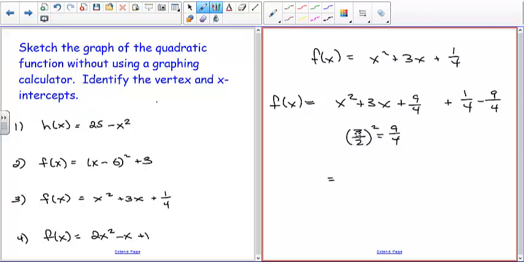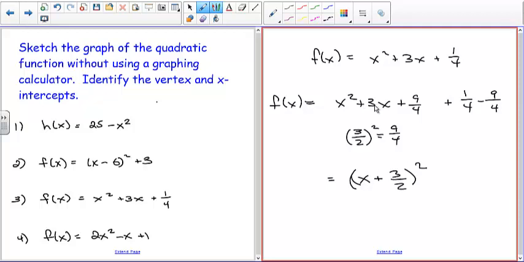The argument in here is what is going to allow us to make the complete square. So it's going to be x plus 3/2 quantity squared. So this can be rewritten as that. And you can see it works out because x times x is x squared. x times 3/2 is 3/2 x, but that happens twice.